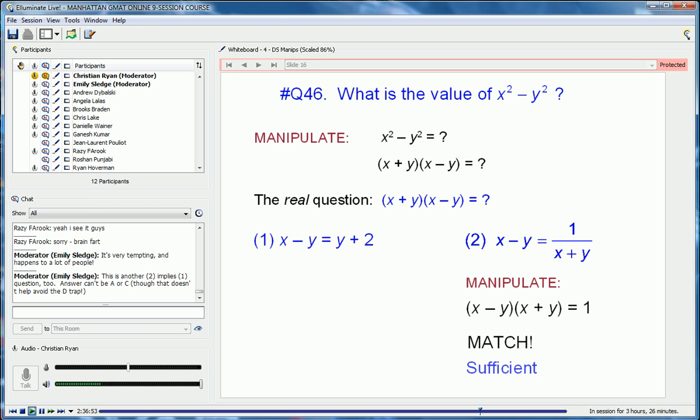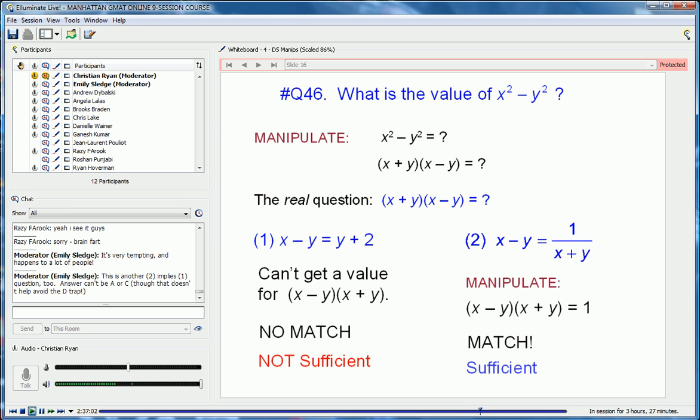And statement 2 looks just like it if we manipulate by multiplying both sides by x plus y. That is sufficient, but statement 1, you will not get a single value for x minus y times x plus y. If you sub this in, that's another way to think of it, you won't get a single value out. Whereas you do get a single value out when you sub in here.